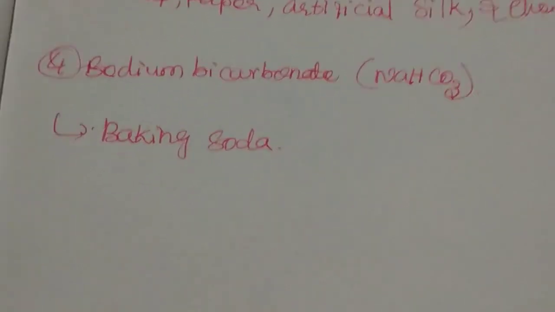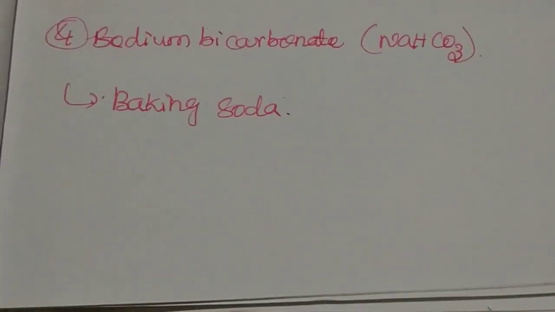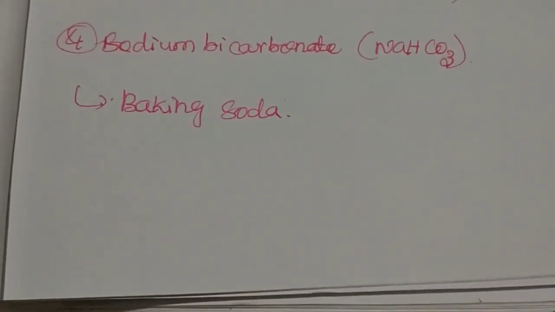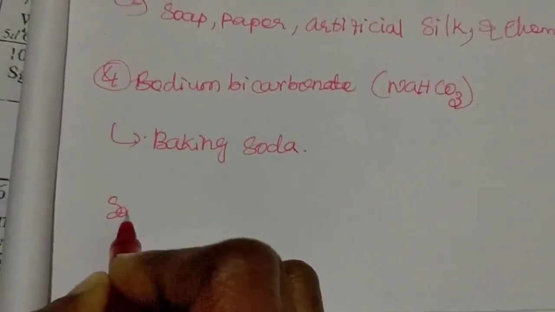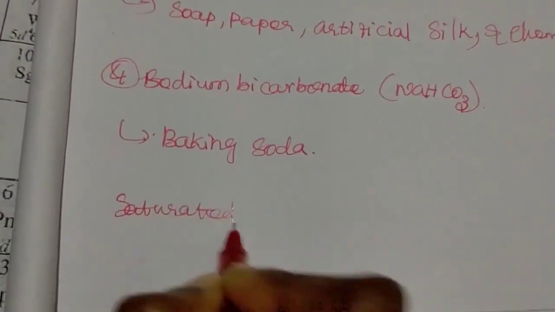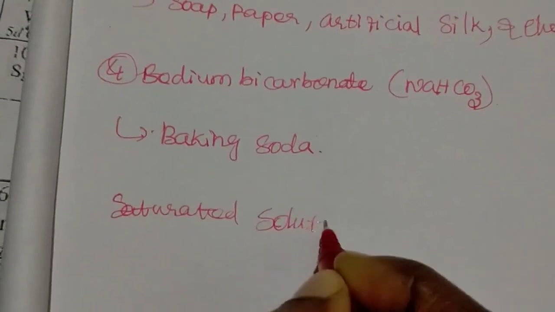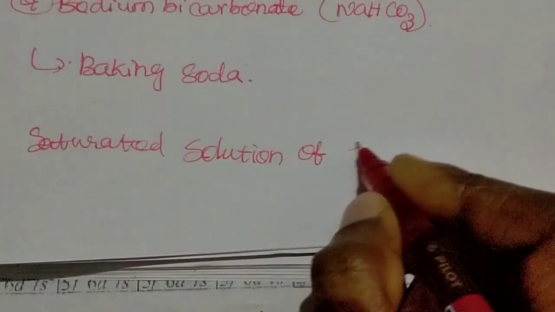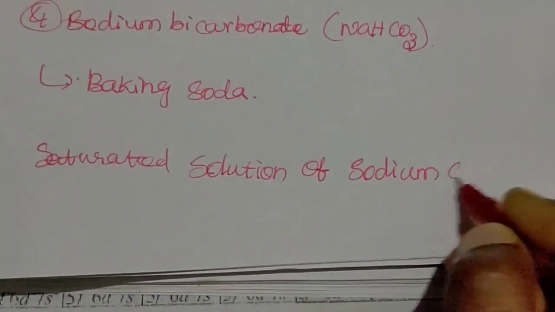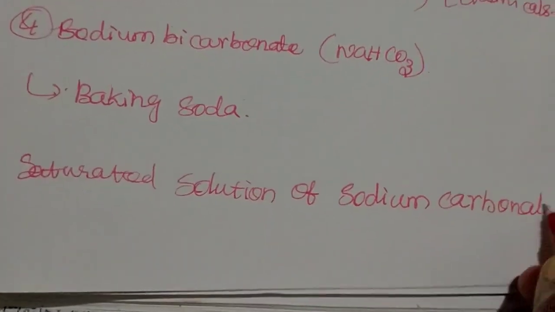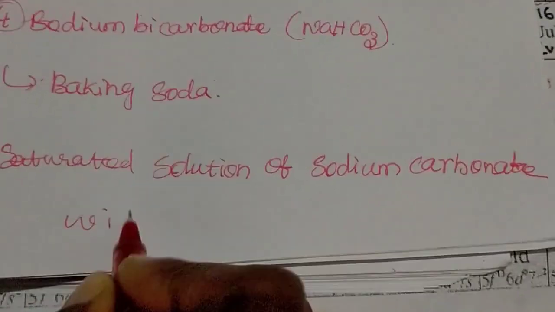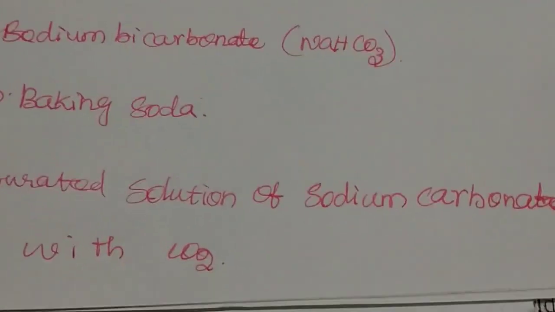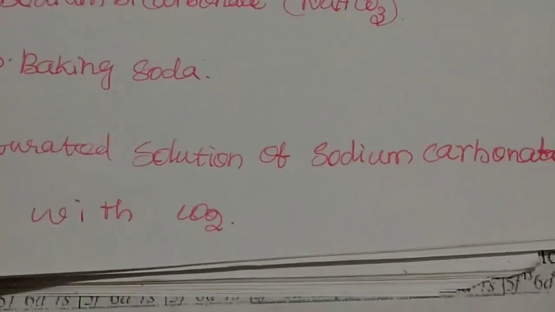This baking soda is usually prepared from a saturated solution of sodium carbonate with excess carbon dioxide. You learned this in the Solvay process, sodium carbonate.